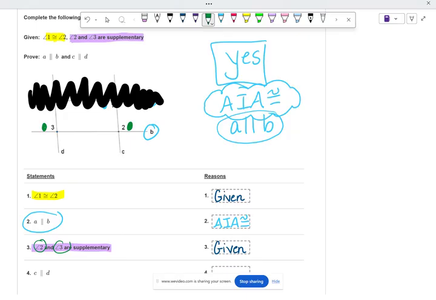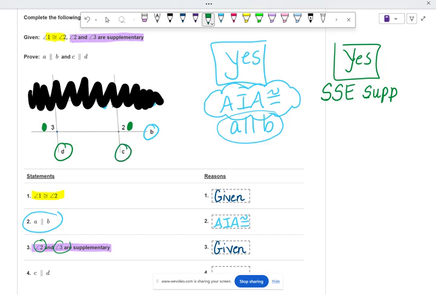They are same side exterior angles. And if they are supplementary, then yes, we have parallel lines. What two lines are showing right now that we know are definitely parallel? Well, it would be line C and line D.